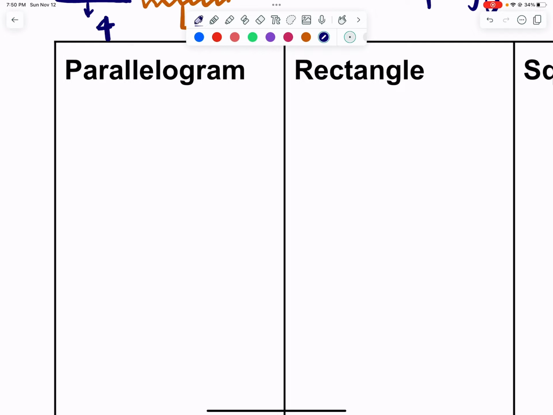The first kind, and the most general type, I guess, is a parallelogram. Now, a long time ago in a galaxy far away, you talked about the idea of two lines being parallel, and that meant that the lines would never intersect.